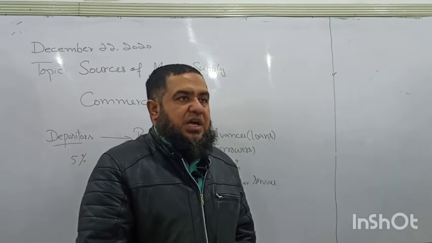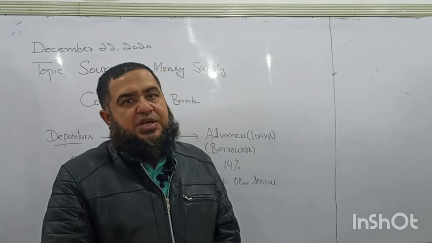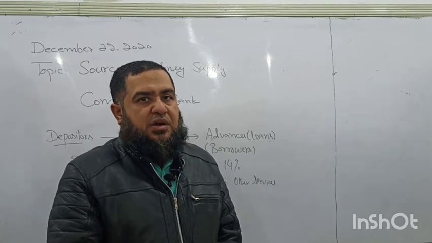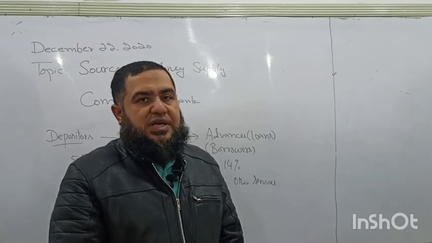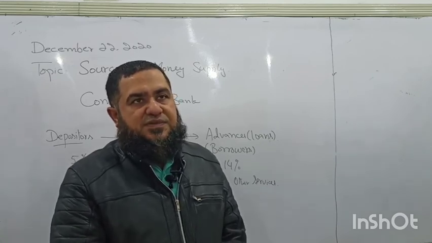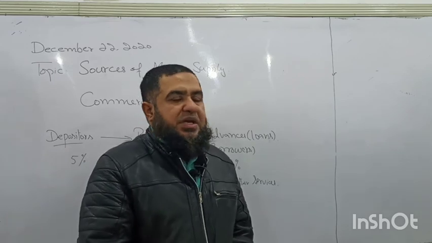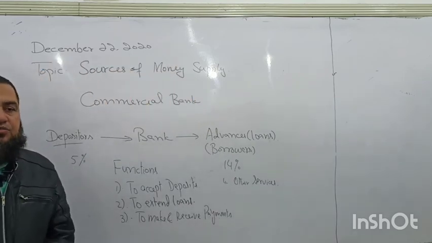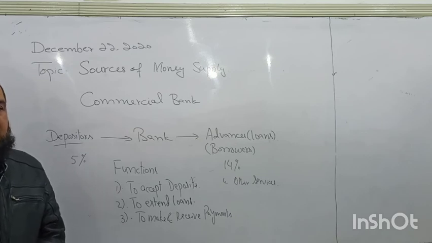Along with that check, a list of employees is also sent to the bank, and the bank, according to our account numbers, credits the salaries. This is called credit transfer. So the bank is making the payments on behalf of the employer to the employees in the form of credit transfer.